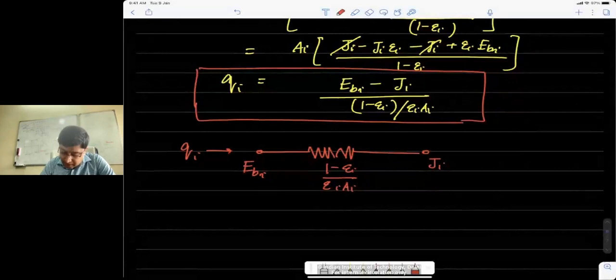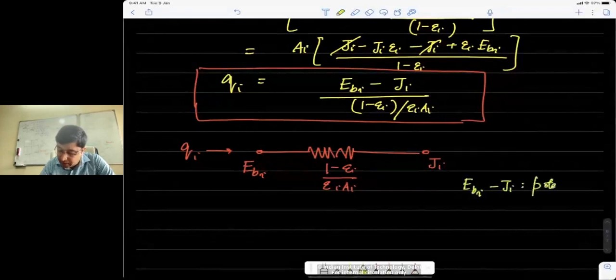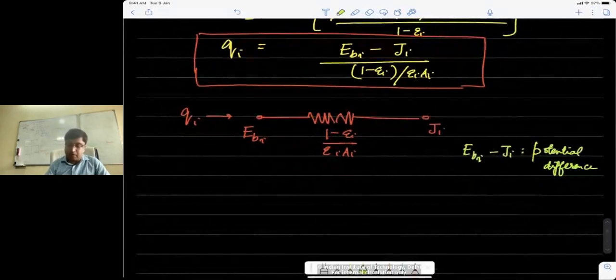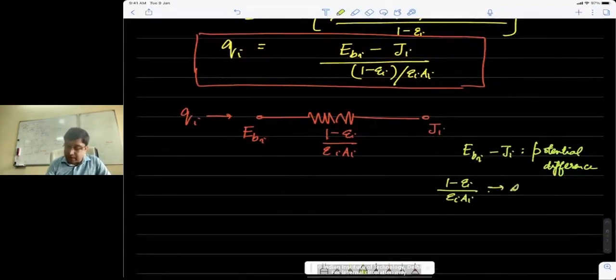So E_bi minus J_i is like the potential difference, or you can say it's the driving potential for this heat to be transferred. And (1 minus epsilon_i) by epsilon_i A_i is what we will call a surface radiative resistance.